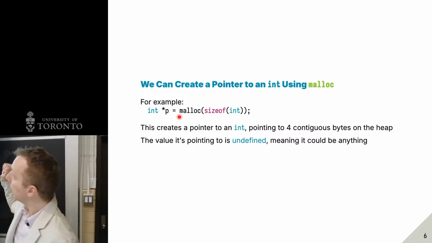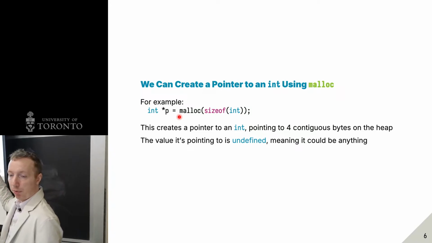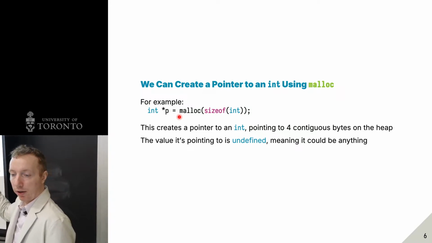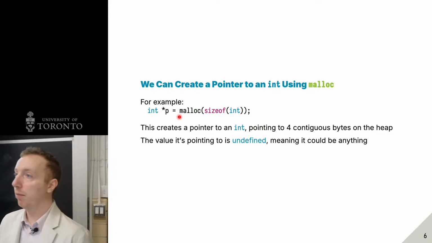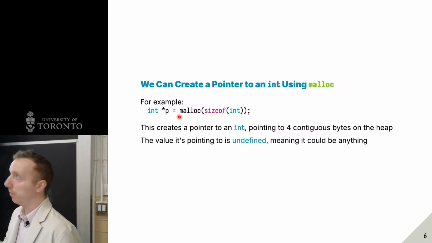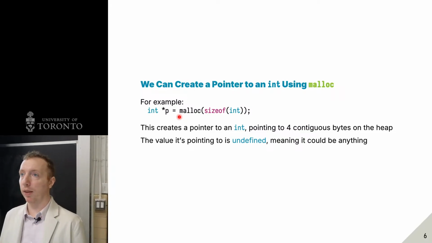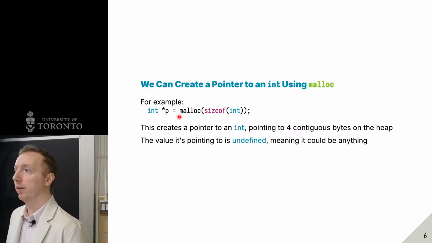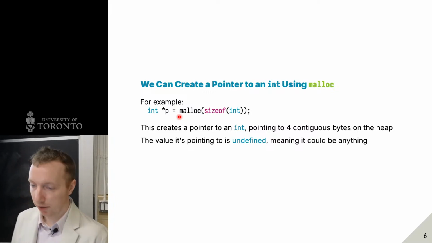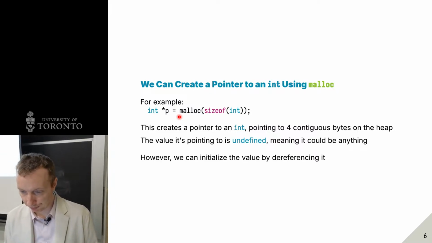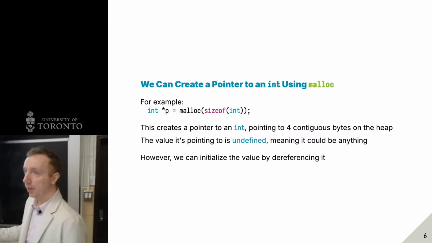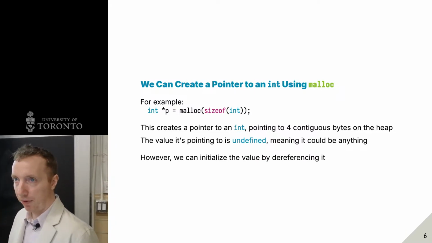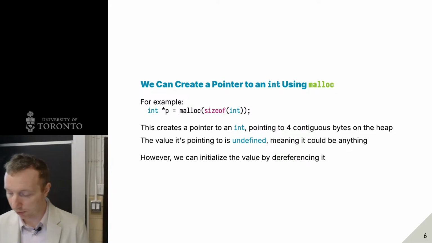So currently the value it's pointing to is undefined, so it could be anything, but we know that that memory is actually valid. So any questions about this before we actually use it? Okay, so if we wanted to initialize a value, we could just dereference it and then set it to whatever initial value we want.